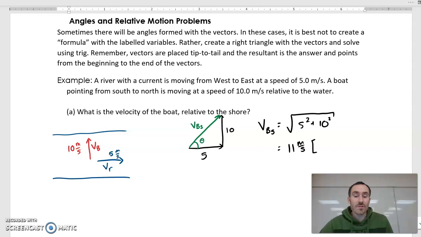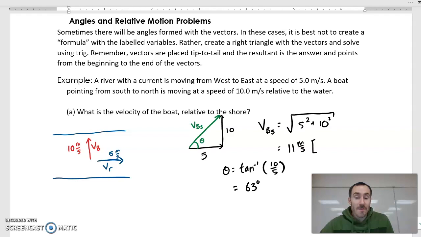And so we're going to use the inverse tan of 10 over 5. Okay? Theta equals the inverse tan of 10 over 5. And you get an angle of 63 degrees. So our final answer here is going to be 11 meters per second.